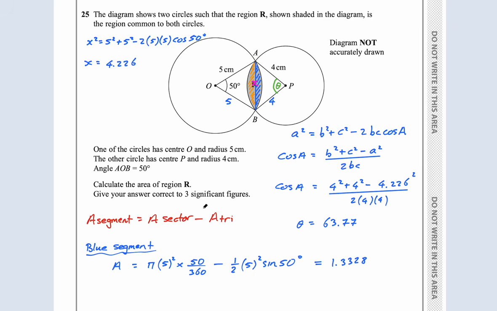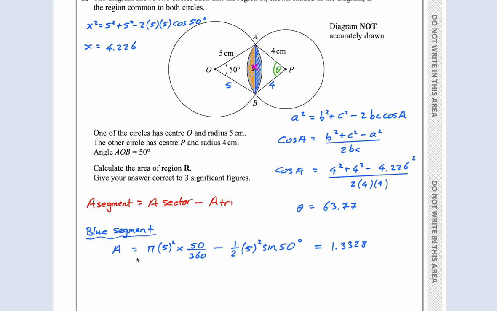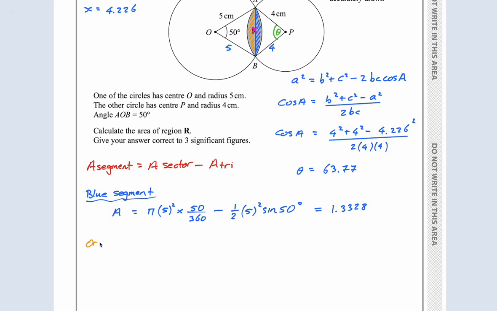The orange segment. Same kind of thing, but we're using 4 and theta, which is 63.77.